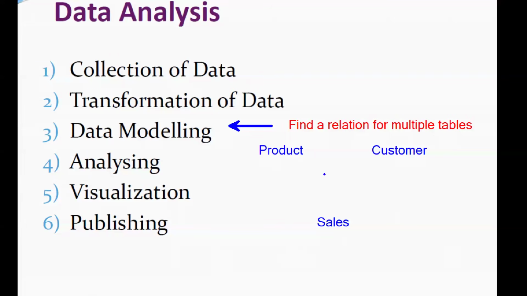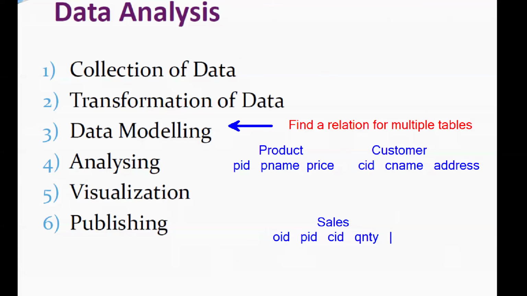In the three tables, we have common columns. What are the common columns here? Product ID, product name, price. In the customer table, customer ID, customer name, address. In the sales table, we have order ID, product ID, customer ID, quantity, and total price. So you can have multiple columns here.